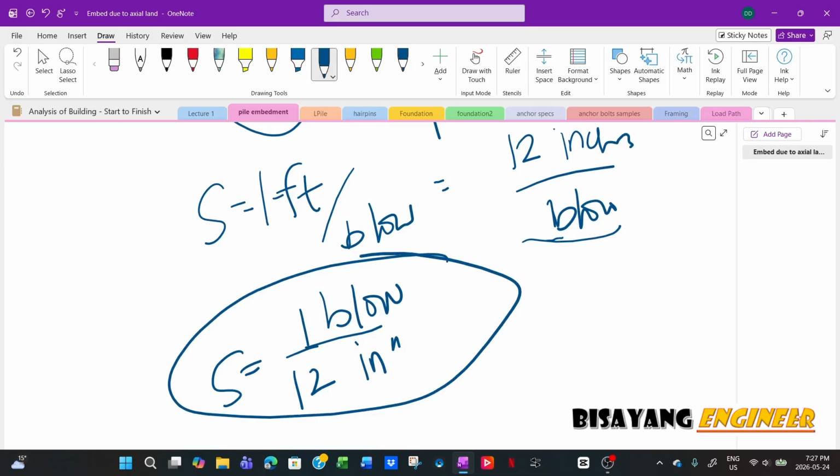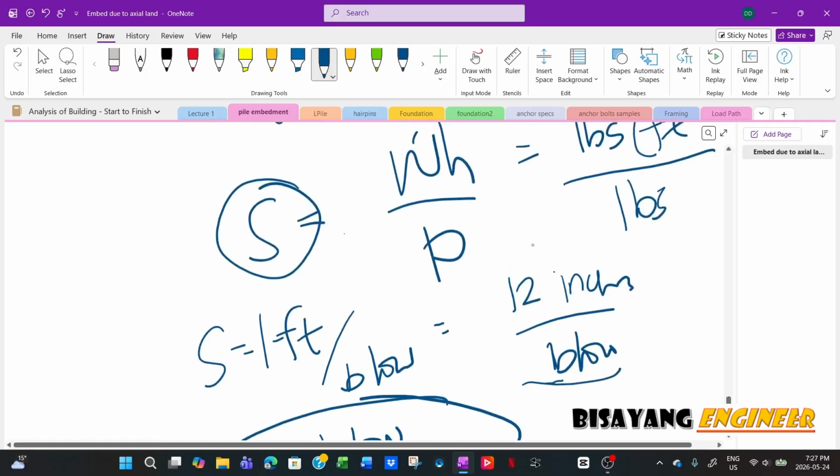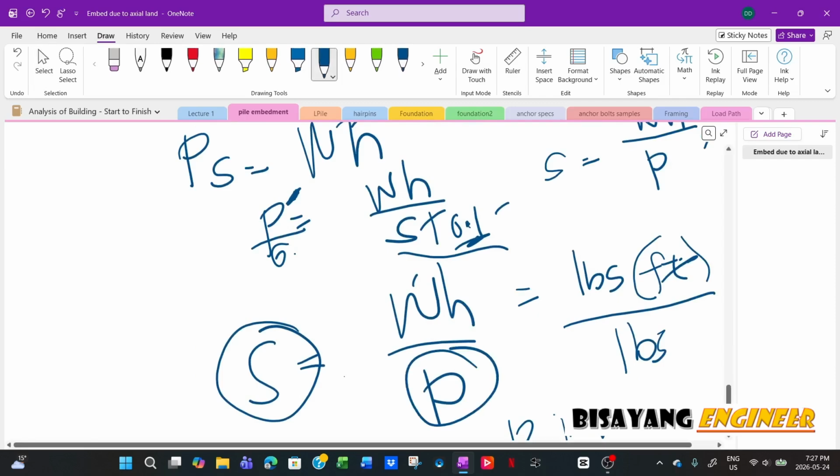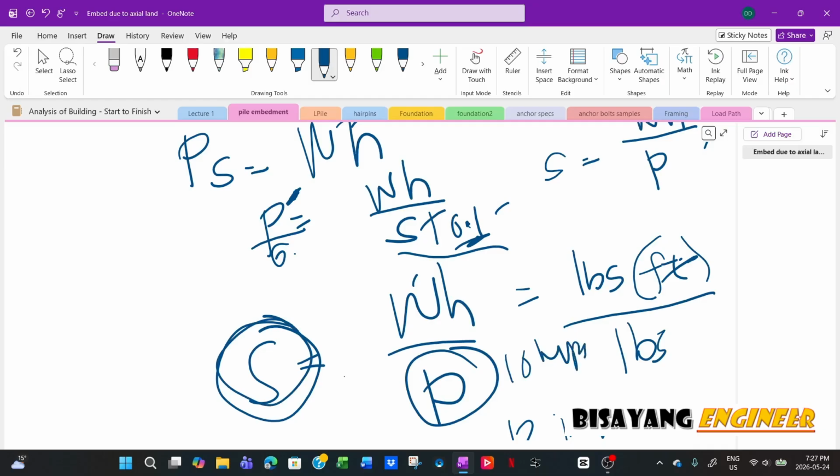So that's why it depends on the load. It depends on how much your load is, then you will calculate for the S. So if this is just 10 kips, then this will be small, right? Or this will be big. But since you do the inverse, then that would be a really small value compared to if this is divided by 120 and this will be really small. But since this is a decimal and then you inverse, then that would be a large value.